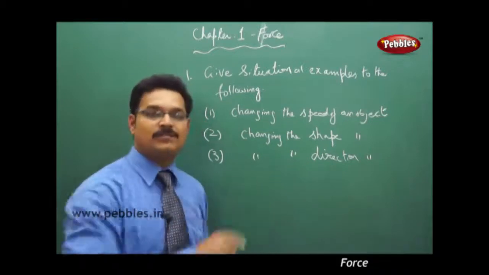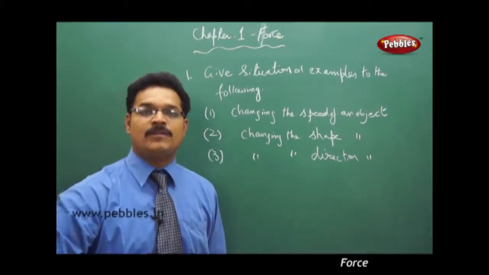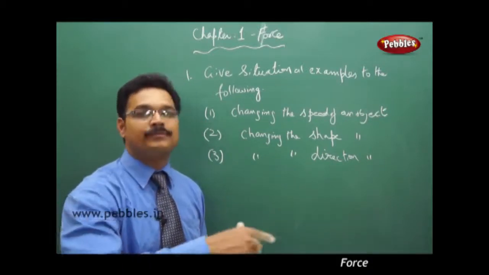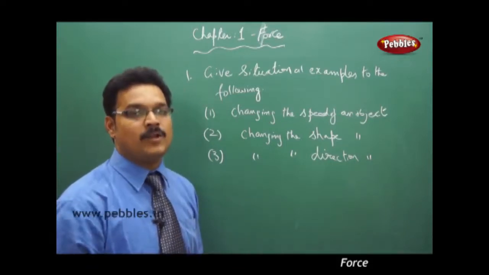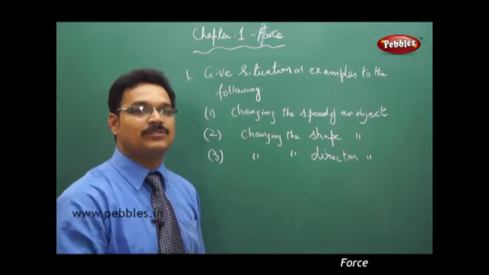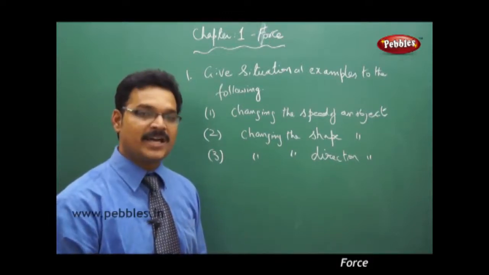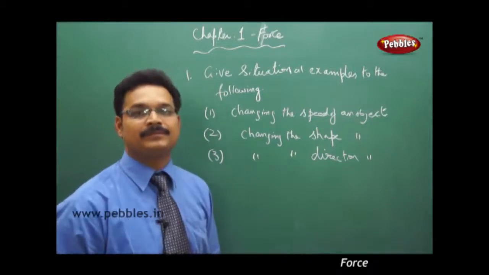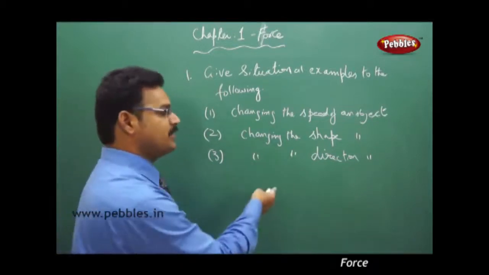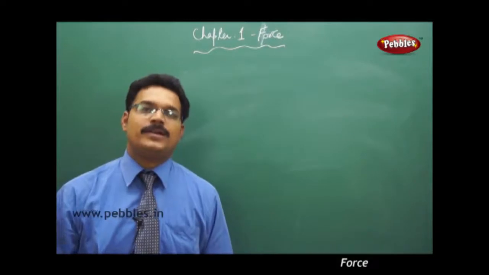Change the direction of an object. Say one ball is rolling on the floor and it is rolling towards east. Now you applied force towards south. The ball immediately changes direction and moves in a different way. So those are the examples for the 3 cases. Next one.